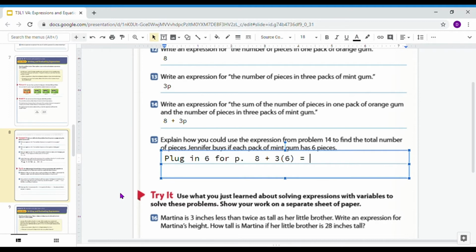And if I were to do that math, remembering order of operations, we are going to be doing 6 times 3 first, because multiplication comes before addition in our order of operations. So we can rewrite this expression as 8 plus the product of 6 times 3, which is 18. And then we can come up with our final answer of 8 plus 18, and she will have 26 pieces of gum altogether.